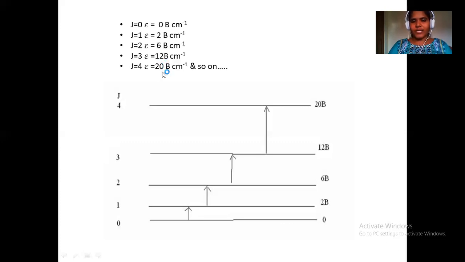If 4, 20B. If 5, 30B, and so on. You can observe the first rotational energy level, J equal to 0, has 0 B wave number, the next level is 2B, and the next 6B. The gap between successive energy levels increases as we move from lower to higher J values.